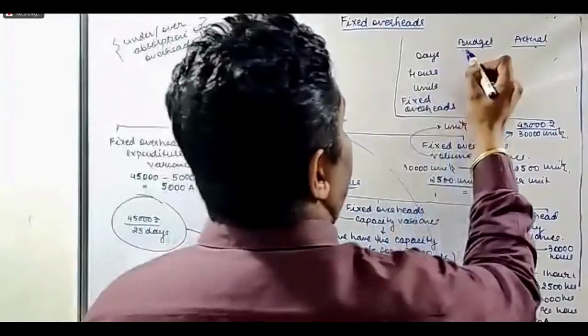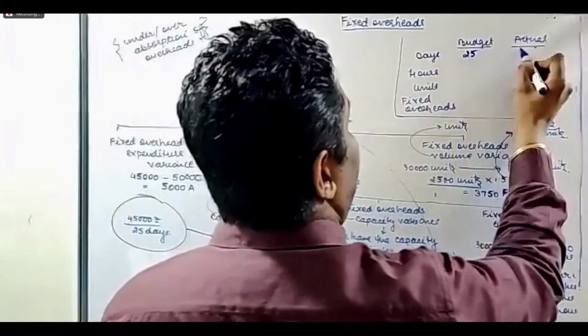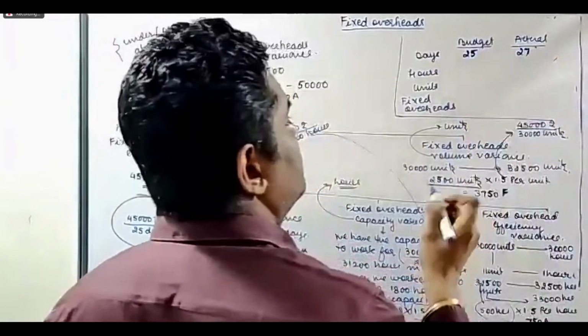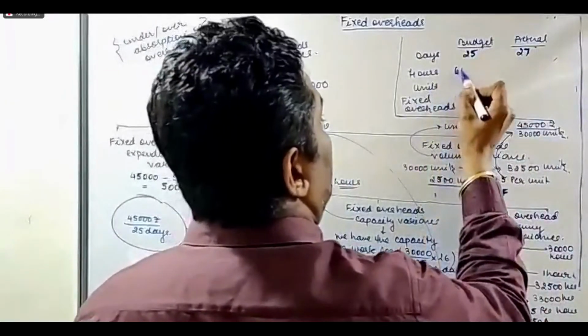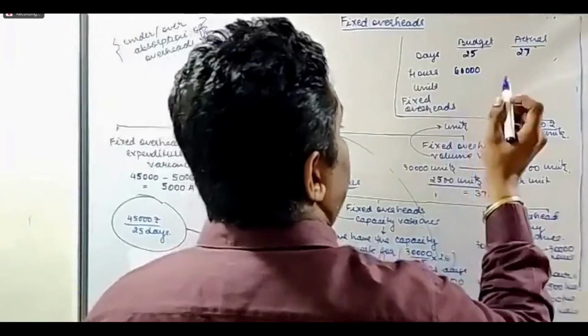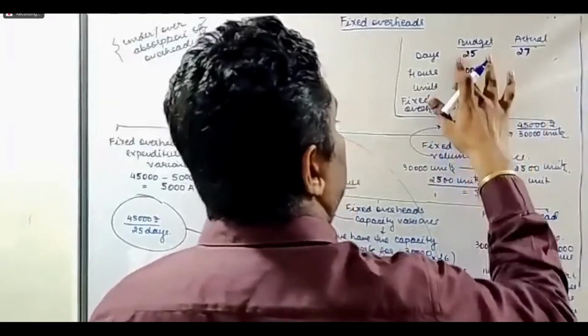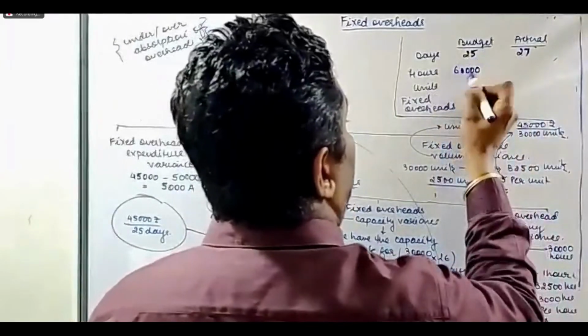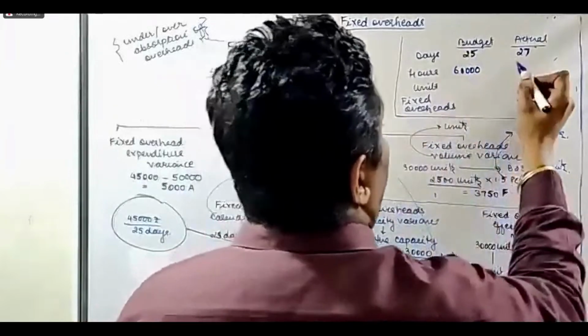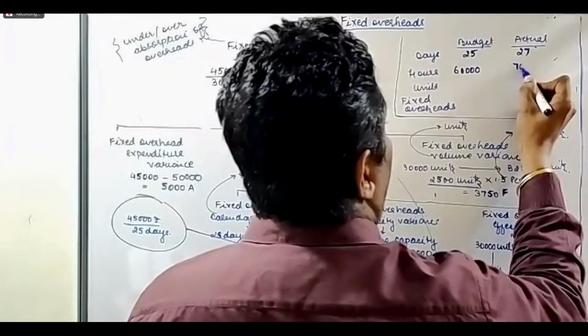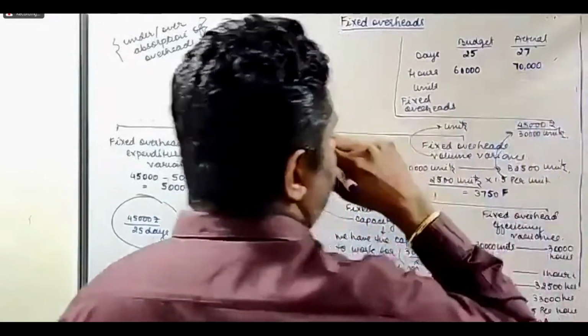So this information is given, wherein 25 and 27 days, 60,000 hours and 70,000 hours.